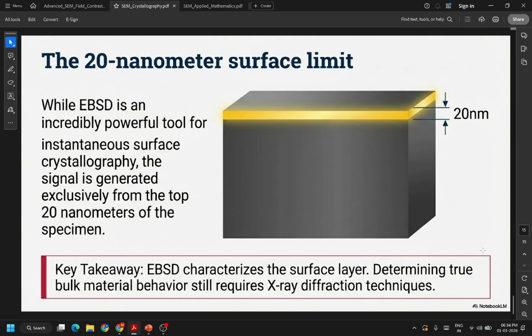So EBSD is a very incredible, powerful tool to get surface crystallography, but the signal is generated exclusively from the top 20 nanometers of the specimen. So it only characterizes the surface layer. It does not characterize the bulk material behavior. For that, you still need X-ray diffraction.